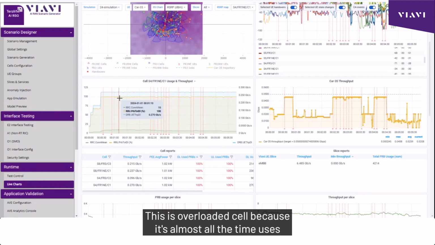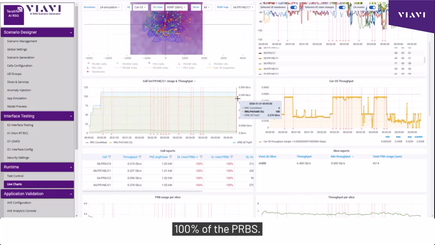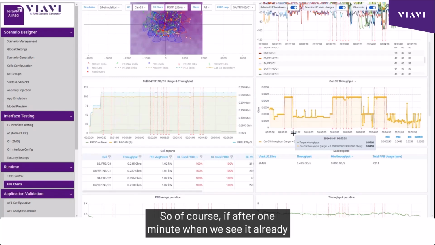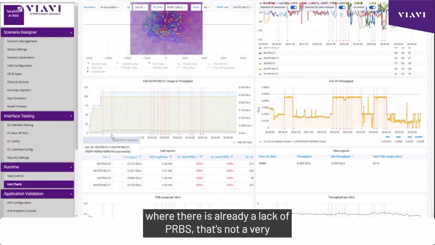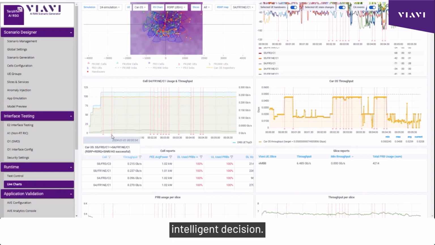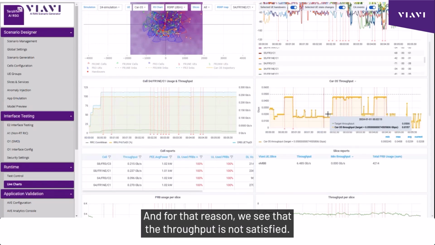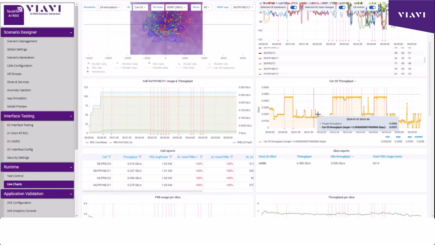This is an overloaded cell because it almost all the time uses 100% of the PRBs. So of course, if after 1 minute we see the PRBs already at 100% and we make a handover to this cell where there is already a lack of PRBs, that's not a very intelligent decision, and for that reason we see that the throughput is not satisfied.